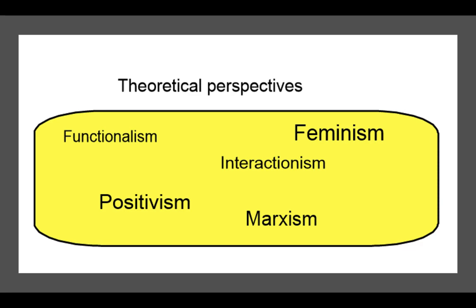Functionalists believe that society works like an organ, like organs in the body. Institutions work like organs in the body. They believe that society works well and functions well. Positivists believe in being objective. Now that one is slightly paradoxical, slightly difficult to get your head around, but being a positivist is a choice based on values.